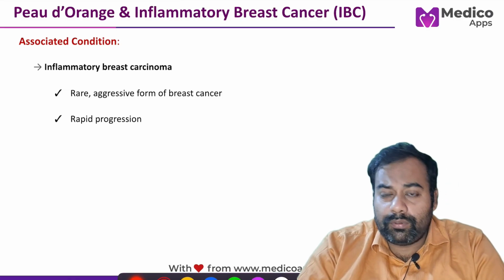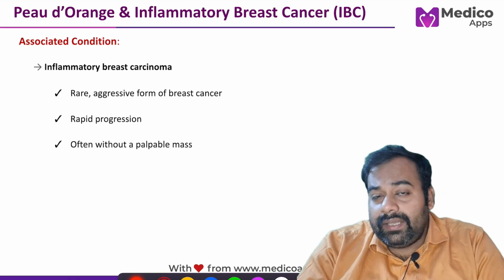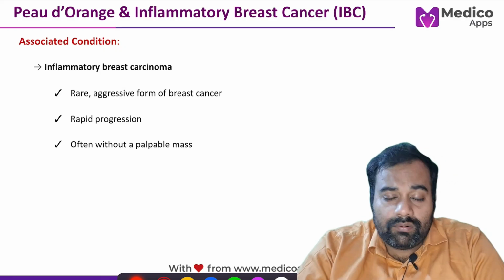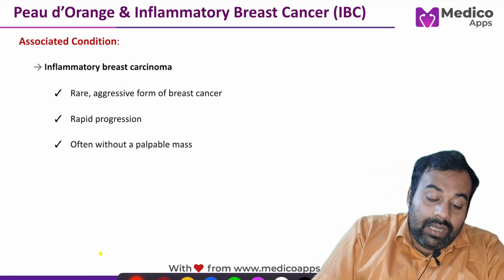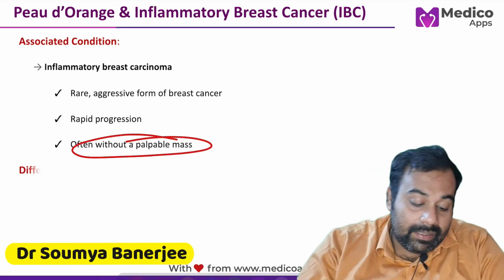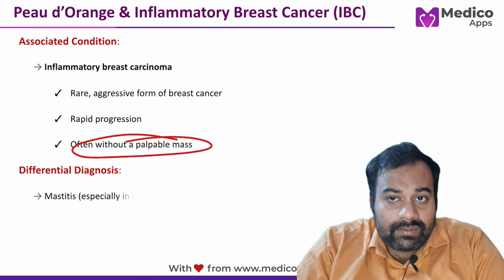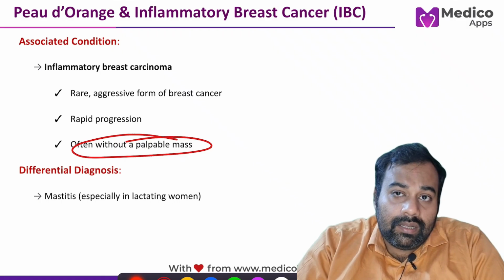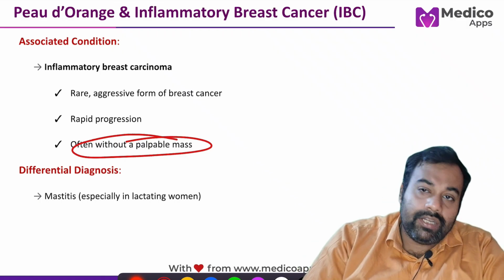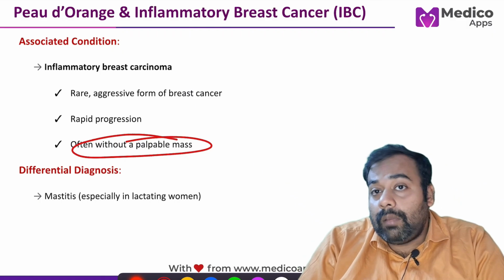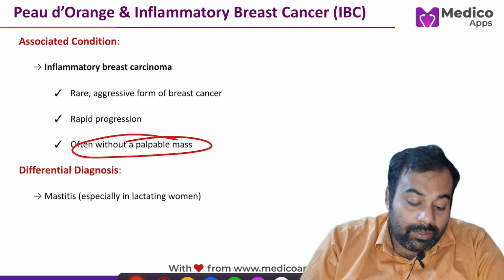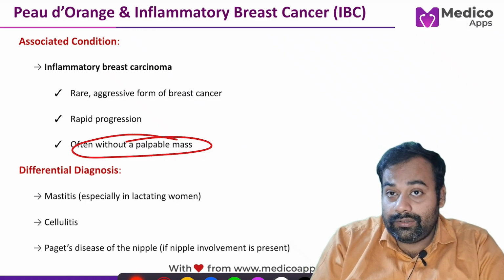There is a rapid progression of the disease with metastatic consequences, but without any palpable mass. Now, the differential diagnosis could be mastitis in case of a lactating patient, Paget disease of the nipple, or a simple cellulitis as well.